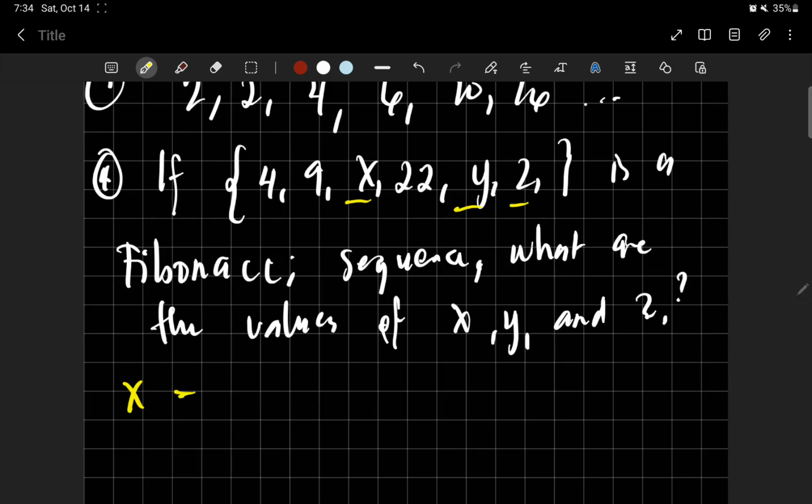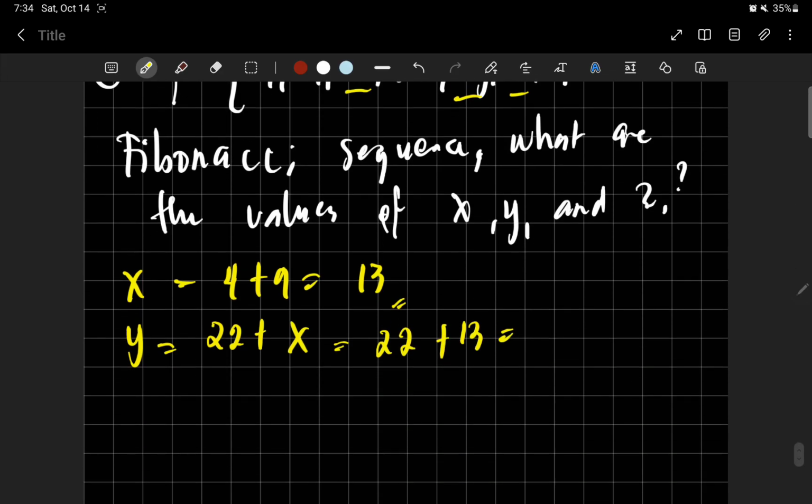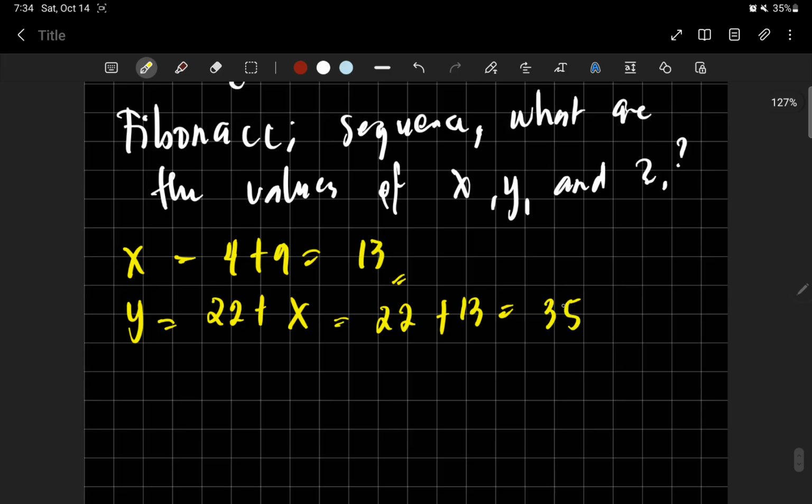So x is just equal to, by adding the first two preceding terms, 4 plus 9, that is equal to 13. So our x is equal to 13. Now, y is equal to 22 plus x, or 22 plus 13. And 22 plus 13, that is 35. Therefore, y is equal to 35.